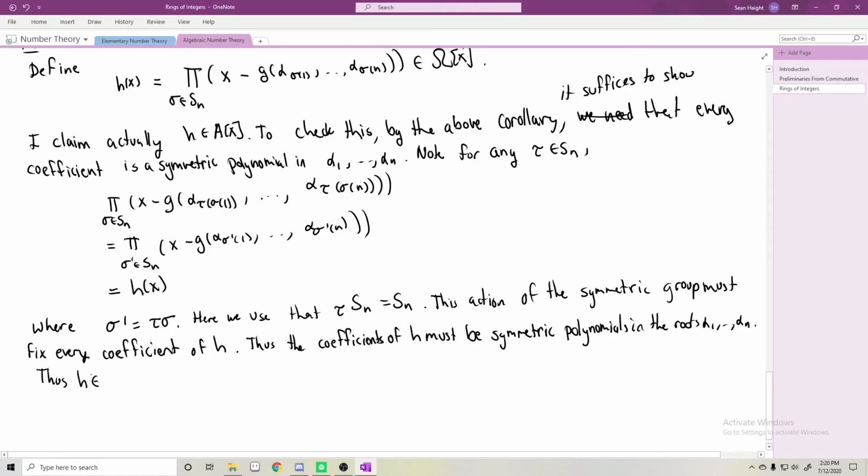Thus, h is in A[x] by the above corollary. And what's more, you can see just from the definition that h is monic, and it has g of alpha 1 through alpha n as a root. Sorry, this should be alpha 1 through alpha n.